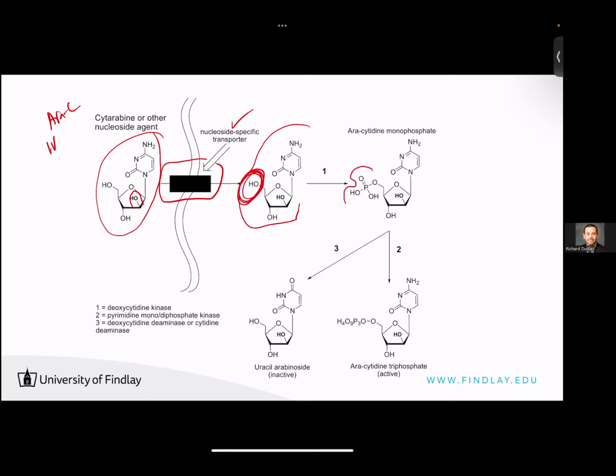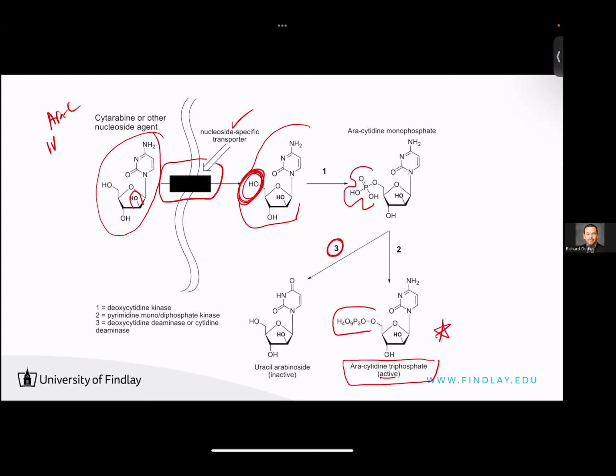We're going to get the monophosphate, and then we're going to get the diphosphate and the triphosphate, right? And ultimately, we end up with aracytidine triphosphate or cytarabine triphosphate. And this is the active ingredient. This is the active moiety of the drug that competitively inhibits the polymerase or gets incorporated into the DNA to cause a cytotoxic effect. All right.